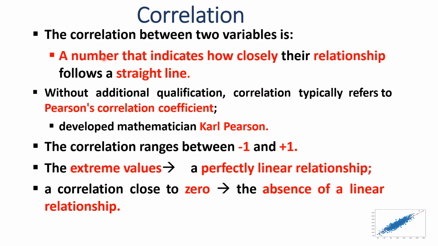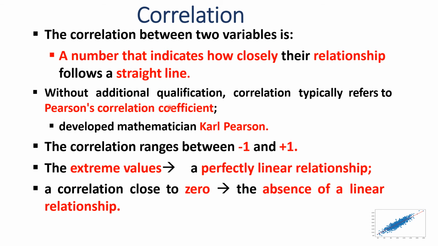The next major term associated with regression is correlation. Correlation is a statistical term which is used to show the relationship between two variables. The correlation between two variables is a number that indicates how closely their relationship follows a straight line.